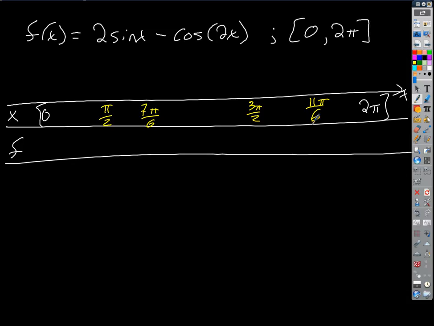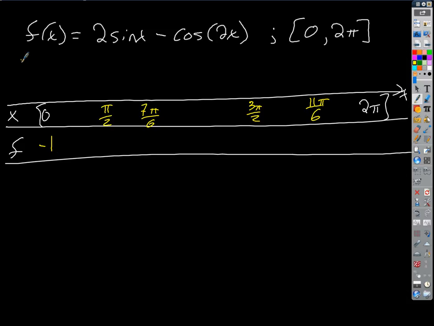So what is f of 0? 2 sine 0 is 0, minus cosine of 0. What's cosine of 0? 1. So minus 1. Okay. Make sense? So there's one y value. How about pi halves? What's the sine of pi halves?